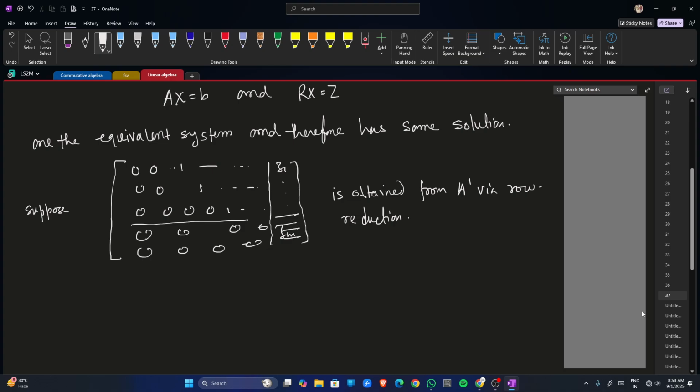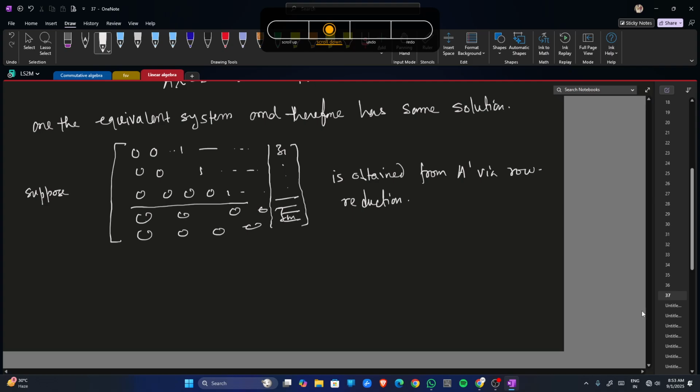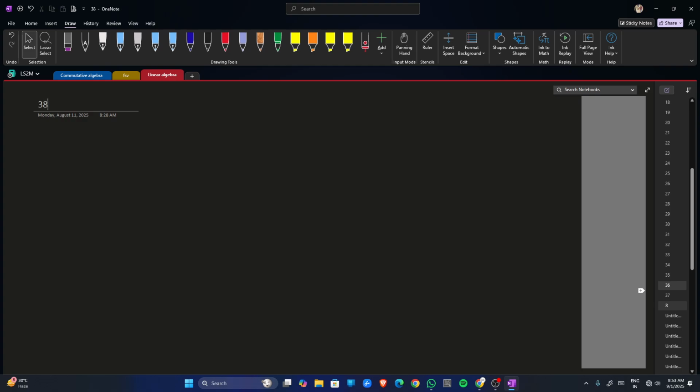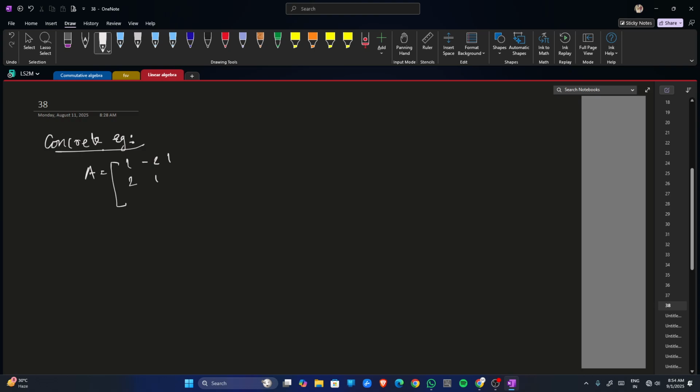To see a concrete example, suppose this matrix A is 1 minus 2 1, 2 1 1, 0 minus 5 1.